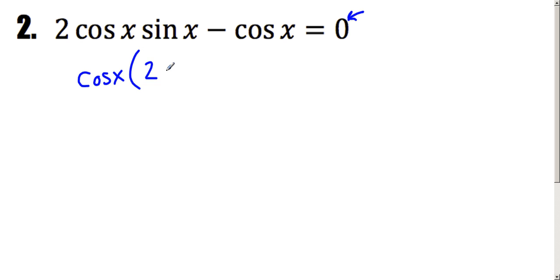So I've got 2 sine of x minus, and make sure you put a 1 placeholder there, still equals 0. Okay, now again, we've got the product of 2 values equals 0, so let's split them up. One of them's got to be equal to 0, at least one of them.